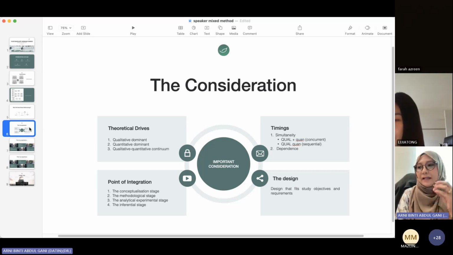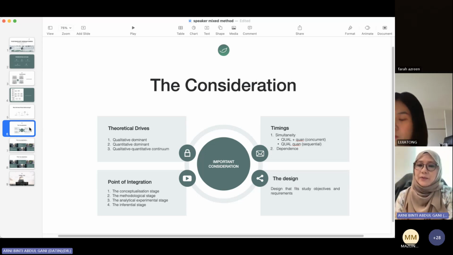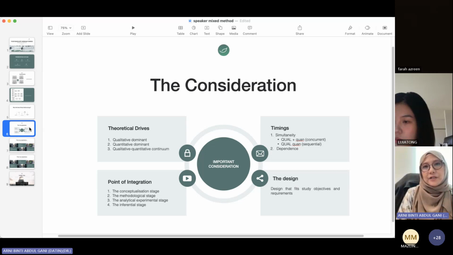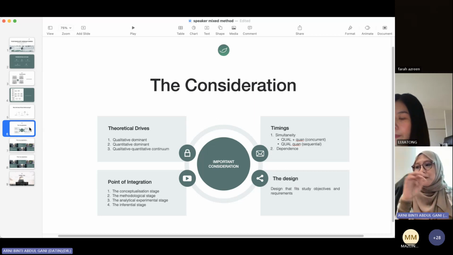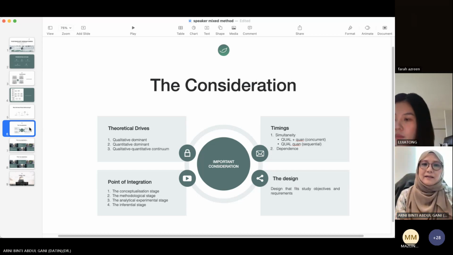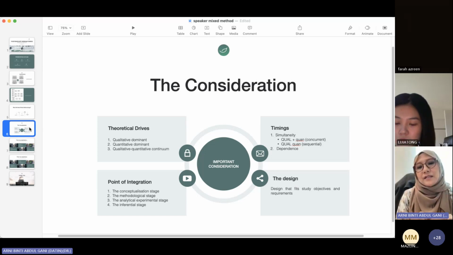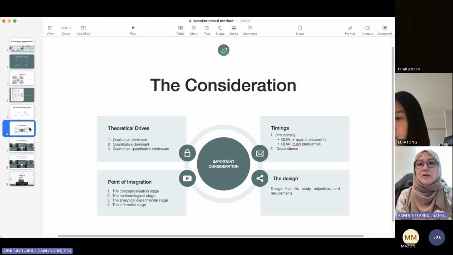Dependent is where data analysis from the first component determines the fulfillment of the second component, meaning the second one depends on the first one. Independent is where the implementation of each component is not contingent on the other one. So you also need to consider whether you are going to be dependent or independent.